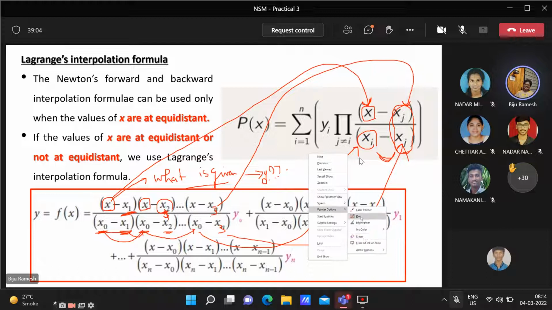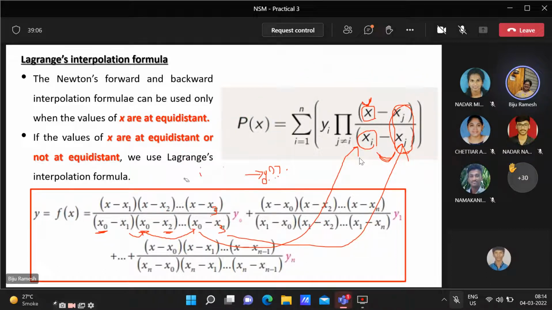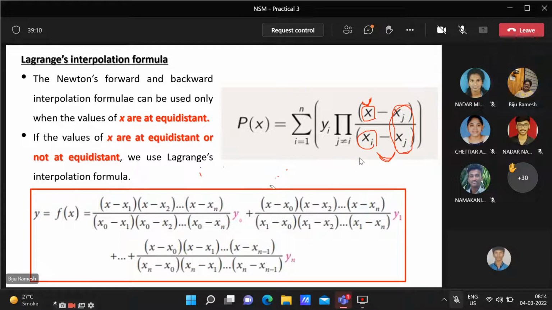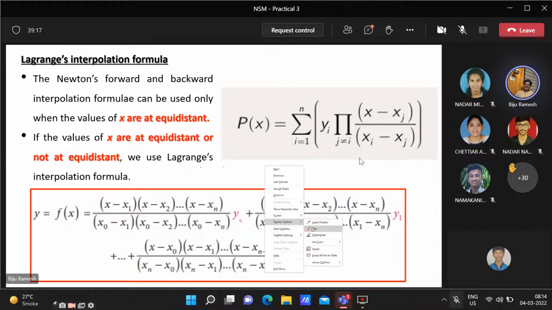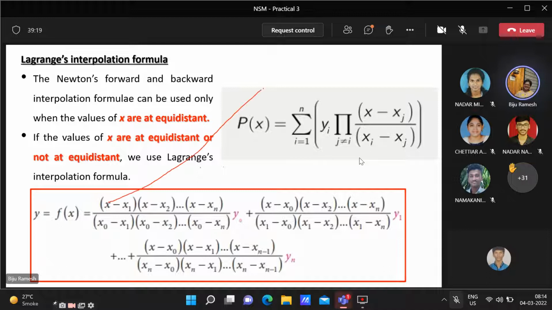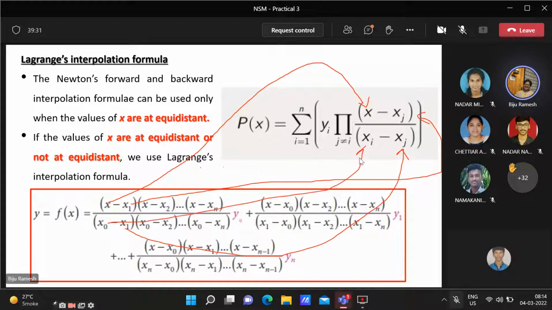Let me erase everything, and I think by now you have connected yourself to the formula. Let me explain it again. Now this x will be this, this will be this, this will be this, and x0 will be this.